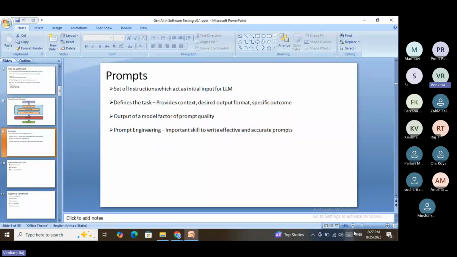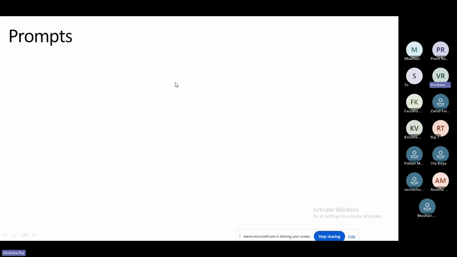Okay. So after seeing the transformer architecture, now we are going to see the prompts, guys. Here we are going to get a basic understanding about prompts. Now, what is a prompt? Guys, the main objective of interacting with generative AI is to ask some questions and get the answer, or to give some instructions to the AI model or the LLM to get your task done.